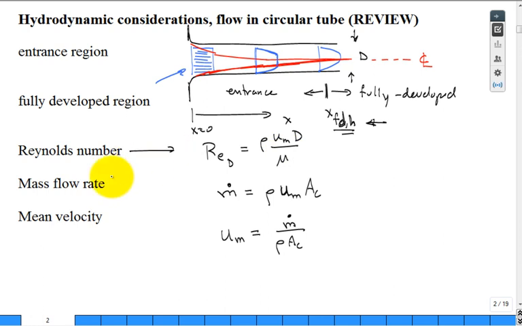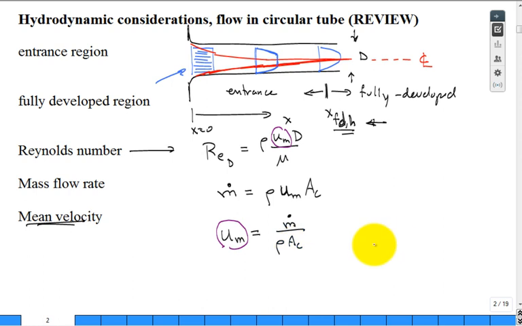But we review, there's a Reynolds number for flow inside of a pipe. Do you remember that? Rho V D divided by mu. But what is the V, the velocity for flow inside of a pipe? It's the mean velocity. So this u mean is this mean velocity. Well, what's that defined as? The mass flow rate divided by rho A_c.